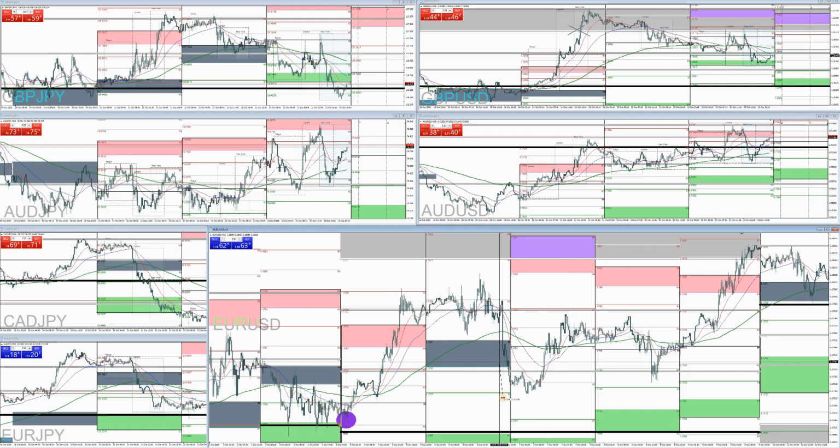My stop would have been down below S1, which would have been safe. Price comes up, and because it's a slightly smaller day here, I'm looking for a target at M5, and it's a weekly take profit zone, so this is plus 70 pips.